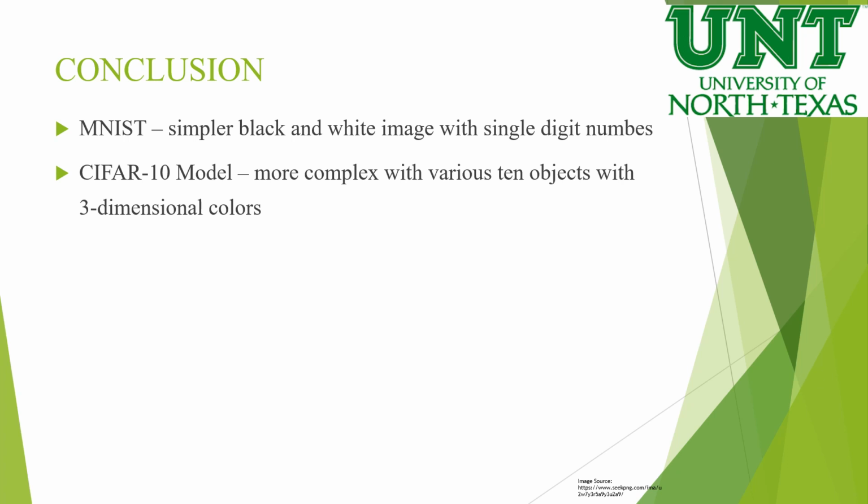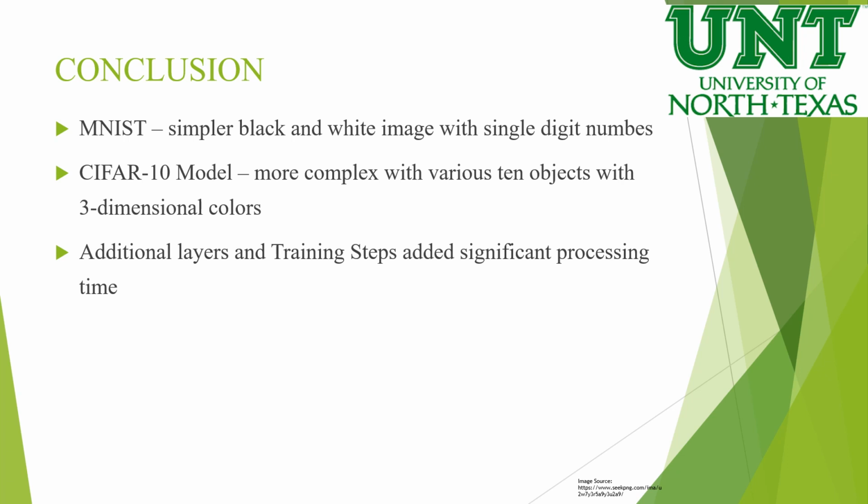It was also three-dimensional, which means that it had the RGB colors, which also increased the complexity. So once again, the CIFAR image was much more complex, which would lead you to believe that the accuracy level on recognizing the image would decrease from the simpler MNIST, which is what we saw.